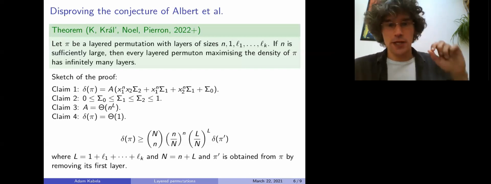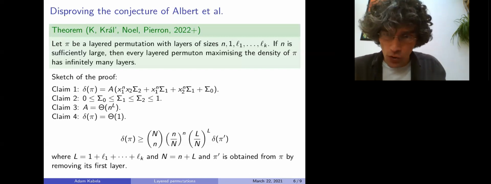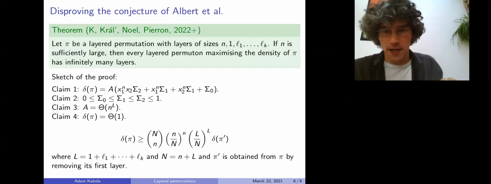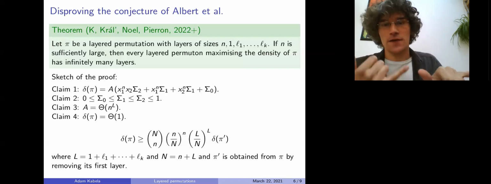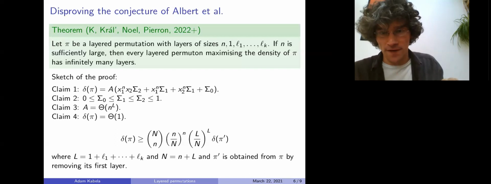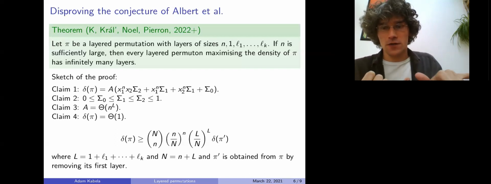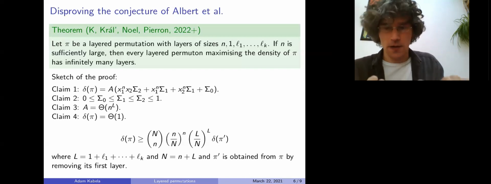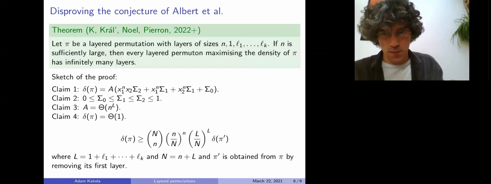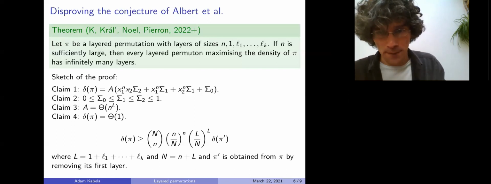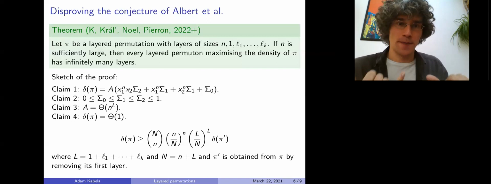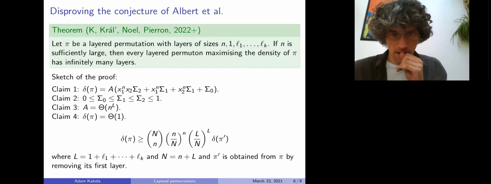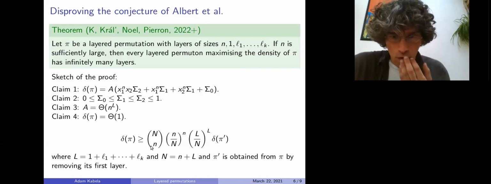So in particular, if we sample n points from the first long layer and the remaining points from the remainder, so that the remaining points give a copy of pi prime, then we're happy because we just sampled the pattern pi.